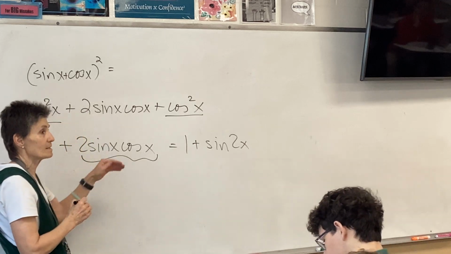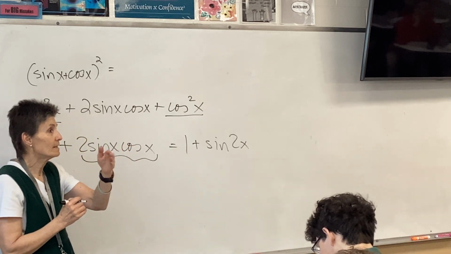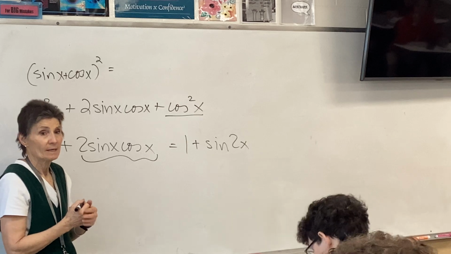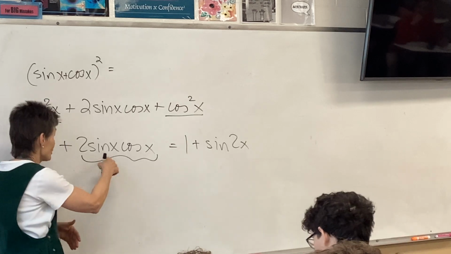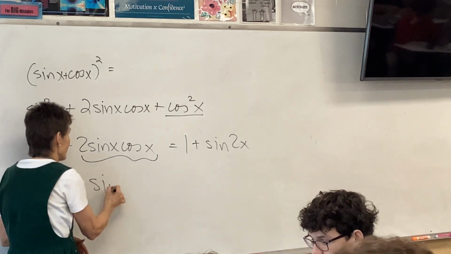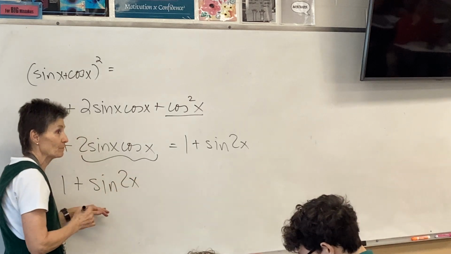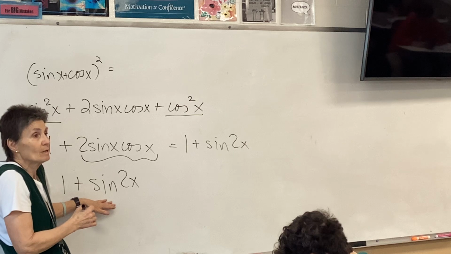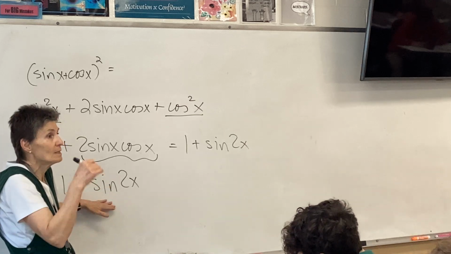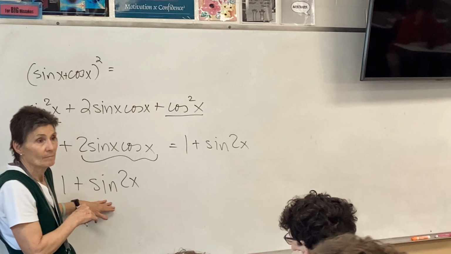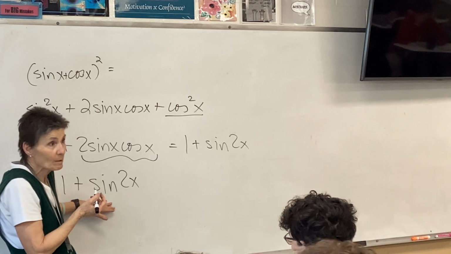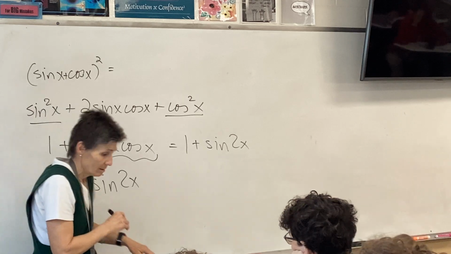What is 2 sine cosine? It's the double angle sine. So this right here is the sine of 2x. And so now I'm ending where whoever wrote the problem told me I had to end. That wasn't too bad, was it?